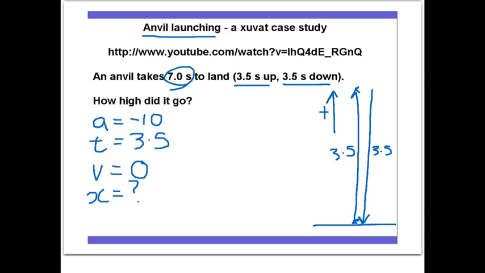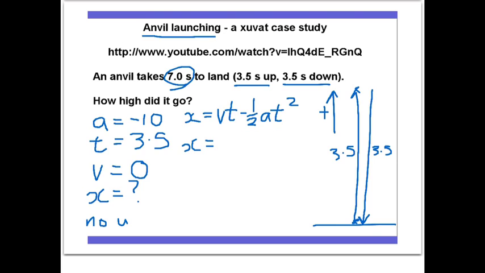So looking at those quantities, it's clear that we need to choose an equation. We have no u. And so the equation that we're going to go with here is x equals vt minus 1/2 a t squared. So when we put our variables in, we see conveniently that this first term goes to 0.